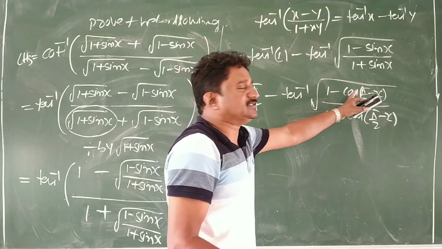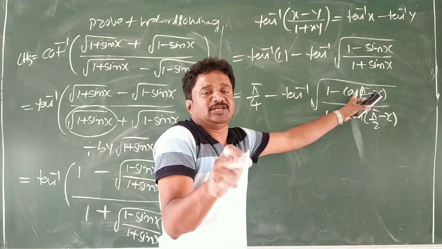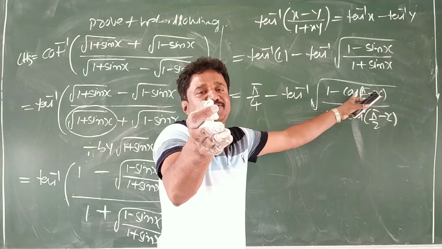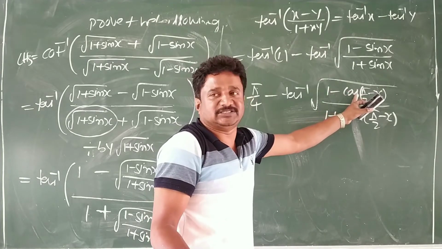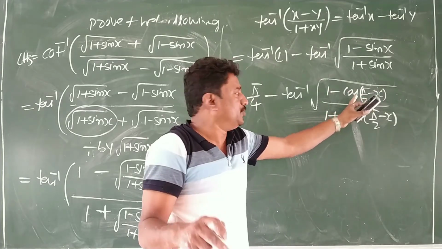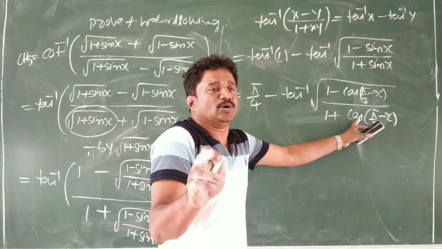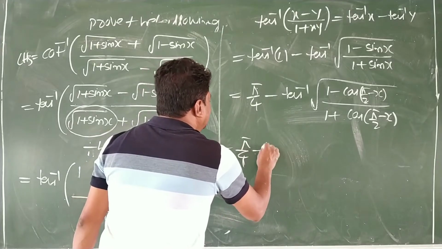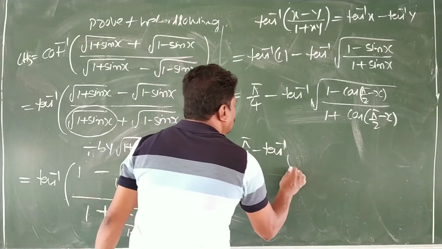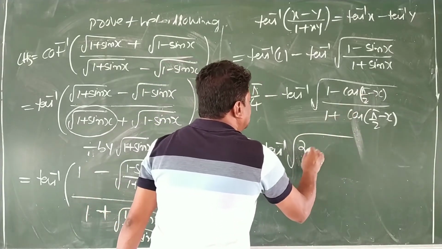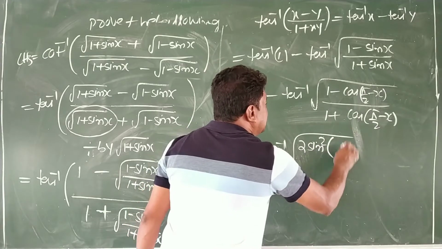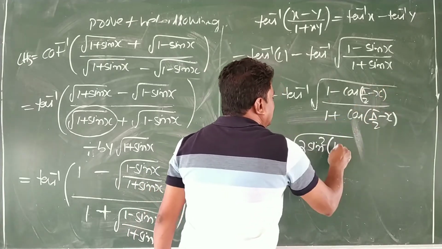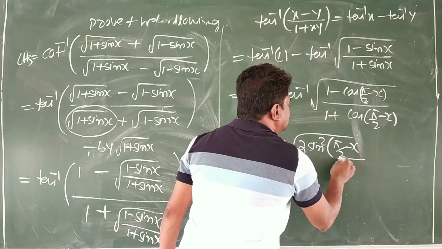What is 1 minus cos theta? 2 sin square theta by 2. We have the half-angle formulas: 1 minus cos theta is 2 sin square theta by 2, and 1 plus cos theta is 2 cos square theta by 2. Use that, students. Pi by 4 minus tan inverse root. What is 1 minus cos theta? 2 sin square theta by 2. This is theta: pi by 2 minus x by 2.